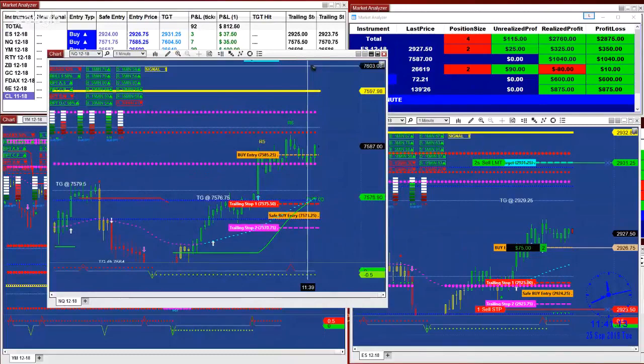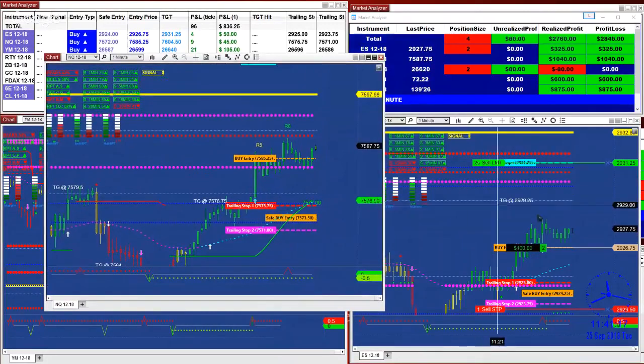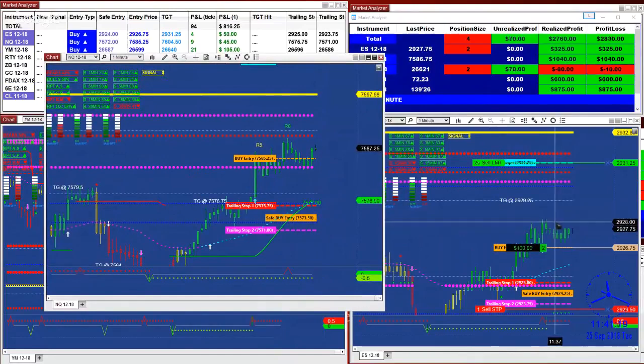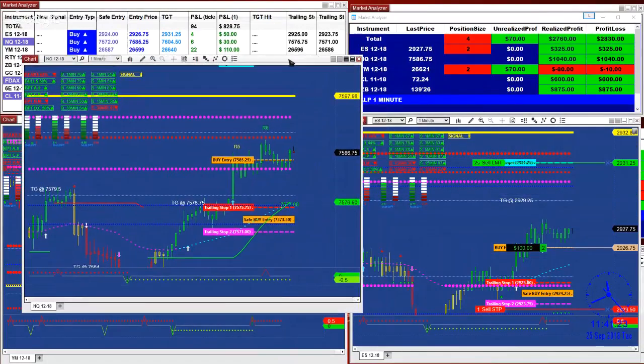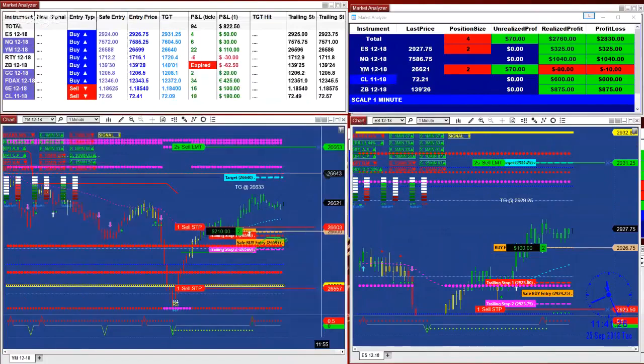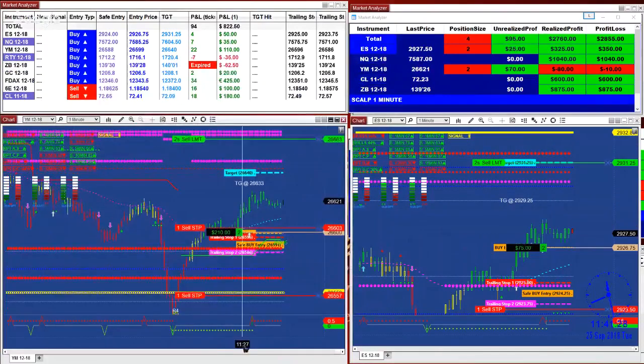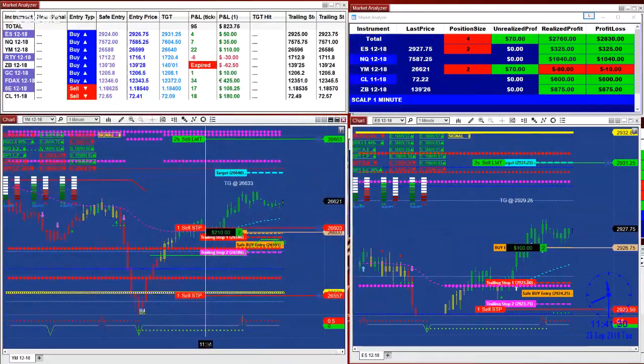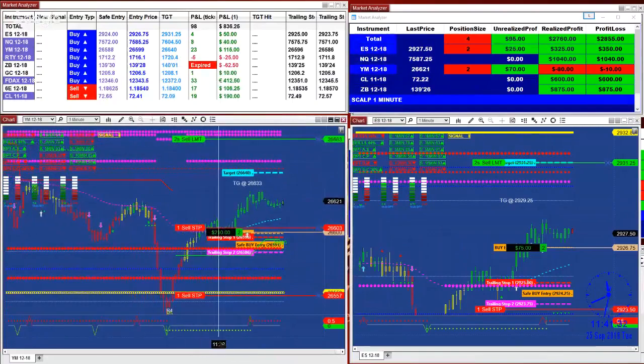Let's see, which is going to make your ES fly right in front of your eye. So you gotta keep your eye on those three instruments so you can understand what's going on, especially the ES if it's coming to a hard area.